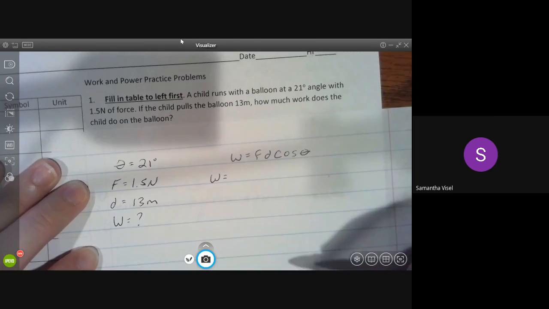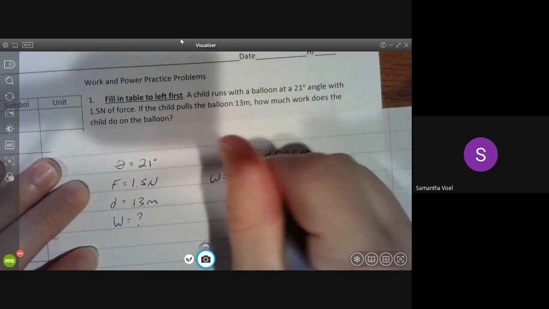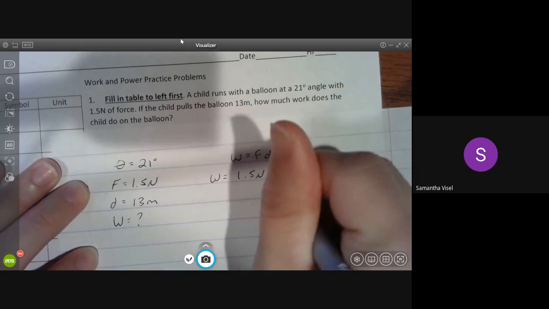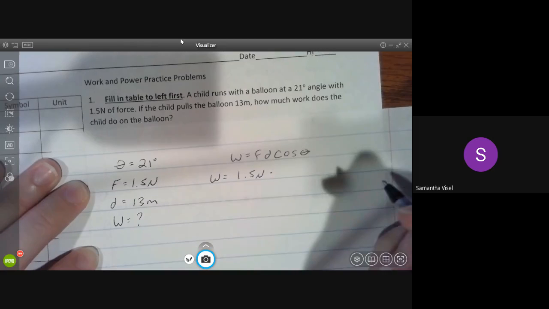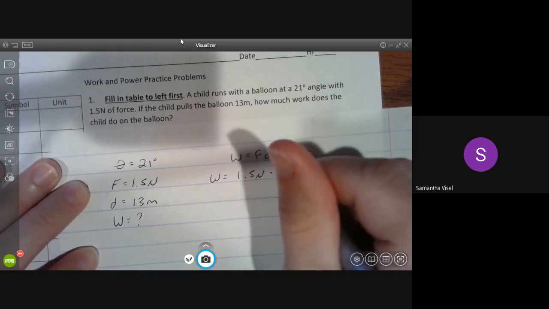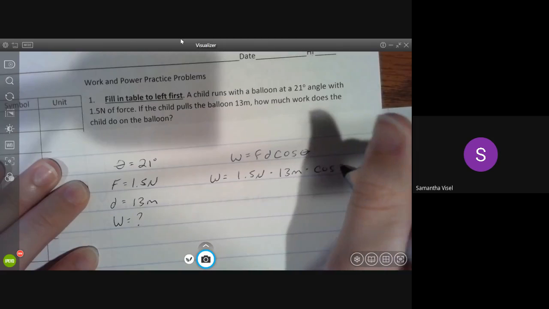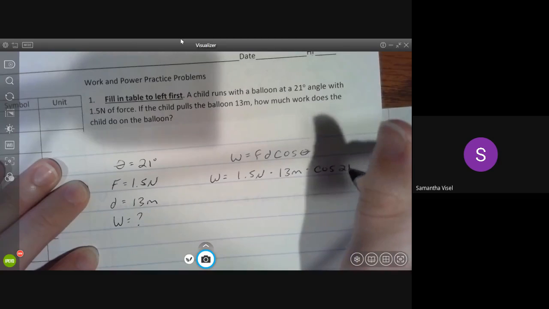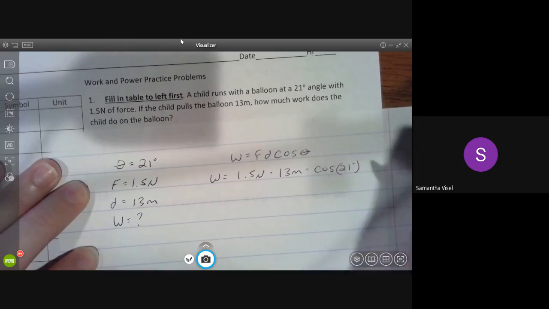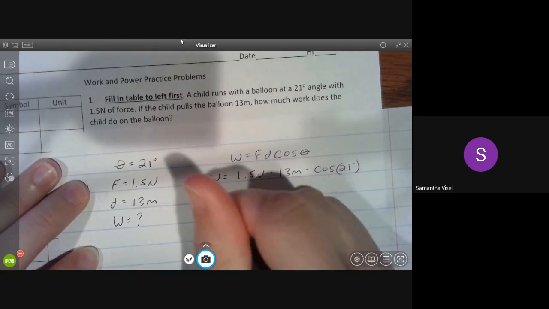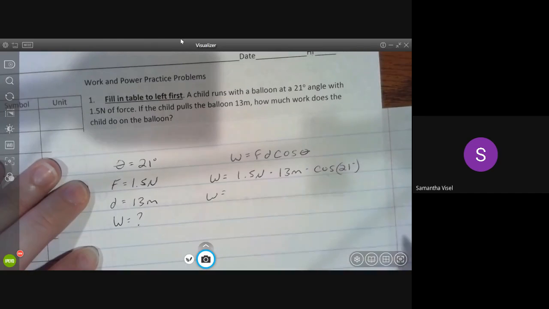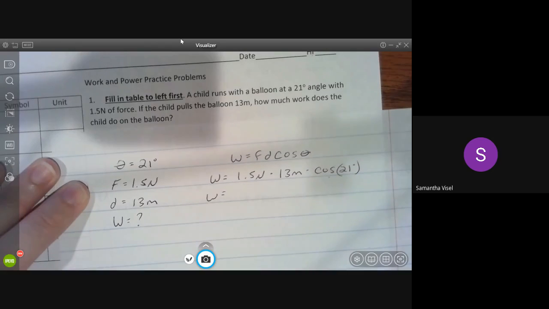So work is going to be the force, 1.5 newtons, times displacement, 13 meters, times the cosine of the angle. So the cosine of 21 degrees. So 1.5 newtons times 13 meters times a cosine of theta.